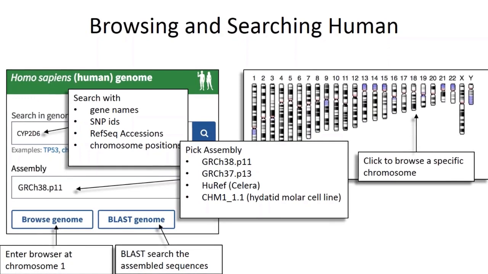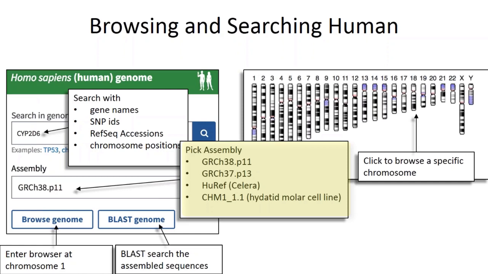Today we're going to be focusing on a particular assembly, actually more than one, for a particular organism, and that's the human genome. You can search with gene names in this box here, SNP IDs, RefSeq accessions, chromosome positions. You can pick the assembly you want, the current reference assembly, GRCh38, or the previous assembly, GRCh37.